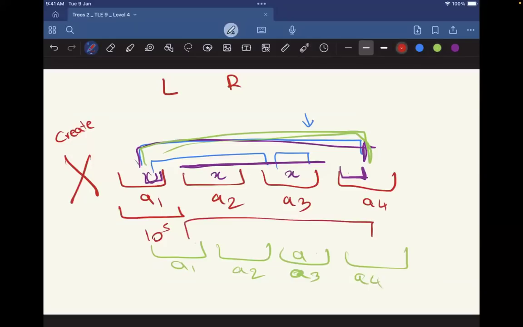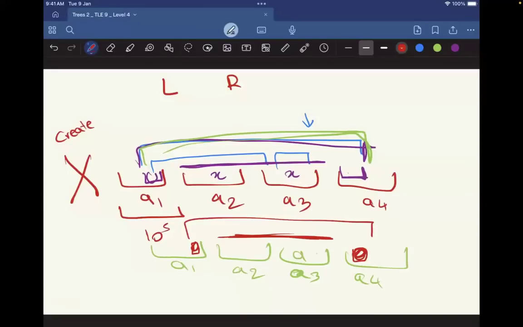Do you agree that it will partially cover A1, it will partially cover A4, and it will completely cover all the other arrays? Yes, sir. So at most it can have two incomplete arrays, and everything else will be fully covered.